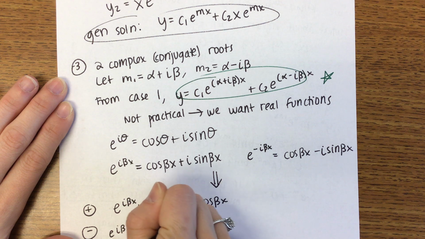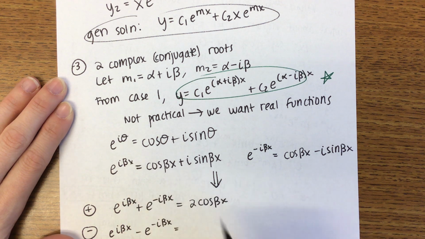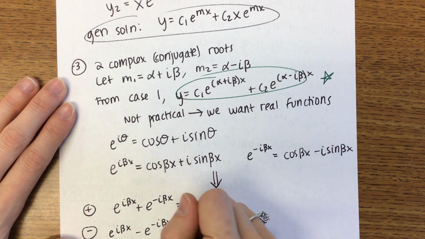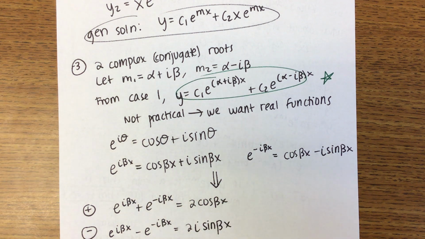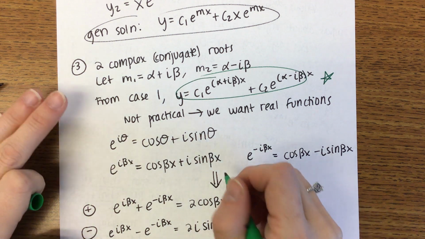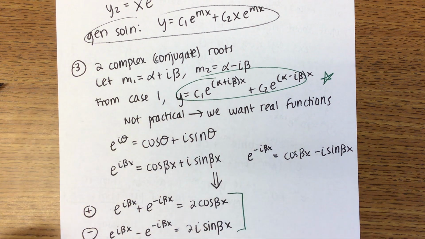If I subtract them now, cosines are going to go away, and we get 2i sine of beta x. This you have to keep in mind. We're not using it just yet, but we are going to use it.